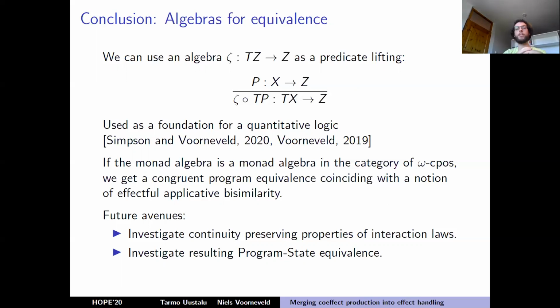And so this gives us a stepping stone to a notion of program equivalence using this interaction and this interpretation using merged algebras. And that is an avenue for future research.